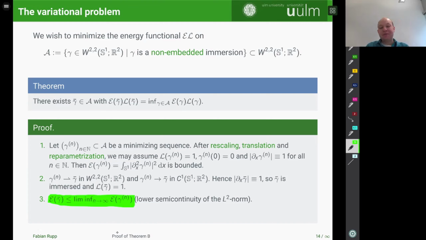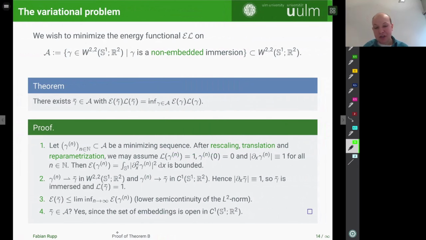Well, almost. There's one tiny part we were missing so far, namely that we do not know whether the gamma bar is actually in the admissible set. So gamma bar is a W22 curve. It's an immersion that we saw in step 2, but it's not clear if it's also non-embedded, so it could certainly become embedded a priori.